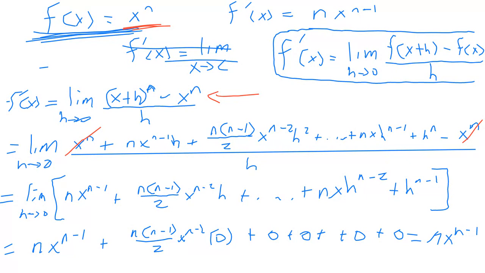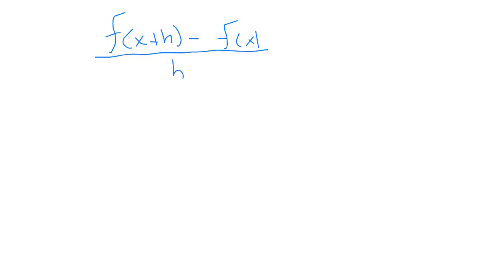Okay. Alright, so let me answer Anthony's question first. Remember the formula is f of x plus h minus f of x, and of course the limit is at the front, but for what you are asking we need not mention that. So let me just put the limit. Now we have f prime of x equal to this, and you're given that f of x is equal to x to the n.